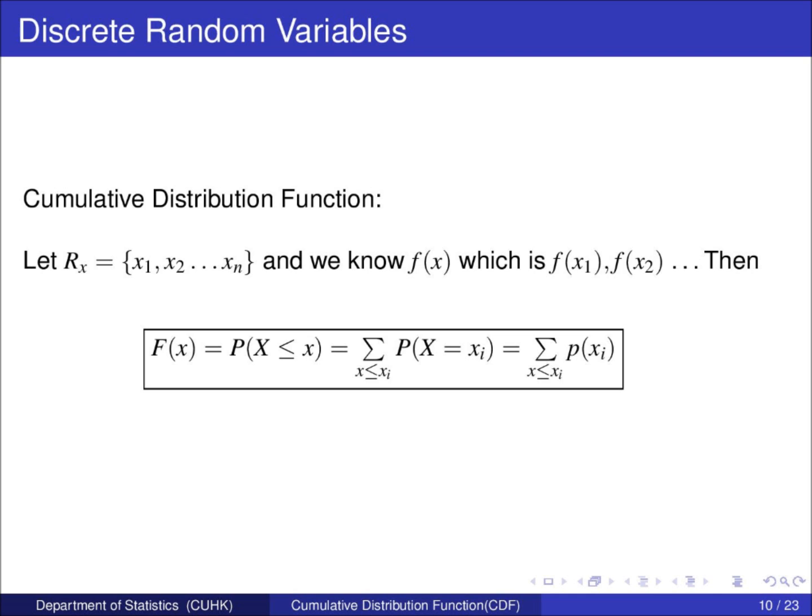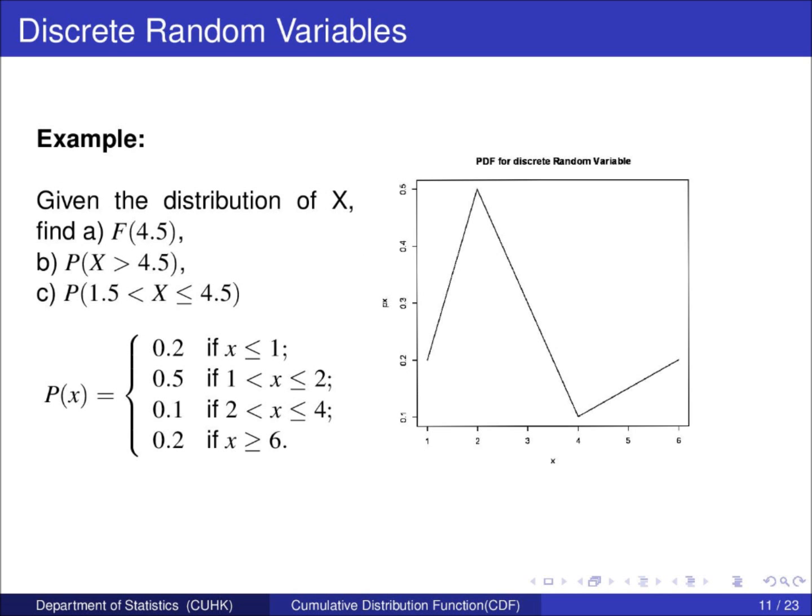In this set, we have n values, x1 to xn, and we know the PDF f(x) for each value, which is f(x1), f(x2), etc. Then, by definition, the cumulative distribution F_X(x) is equal to the probability of capital X, the random variable, less than or equal to small x, the given value. This is equal to the summation of the probabilities f(xi) for xi smaller than or equal to x, with xi taken from x1 to xn.